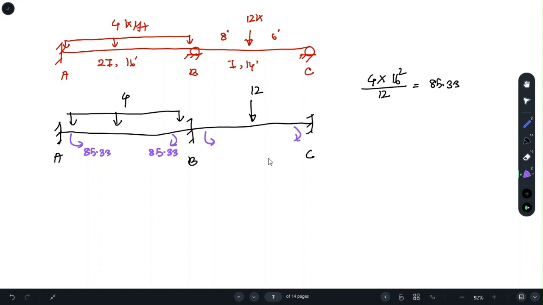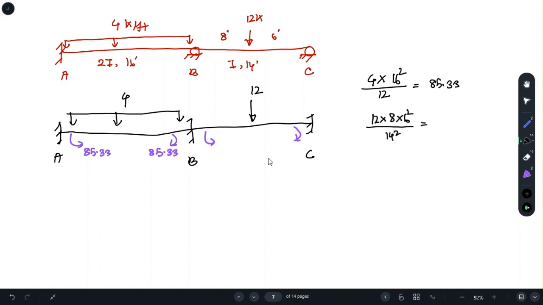We'll find the values. For this point, we'll get a value of 12 multiplied by 8 multiplied by 6 squared over 14 squared, the span length.